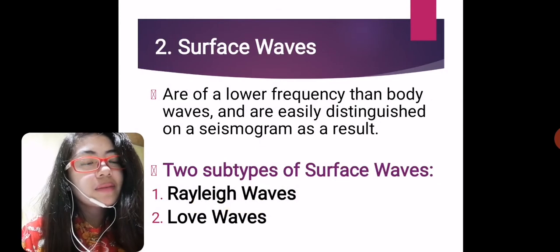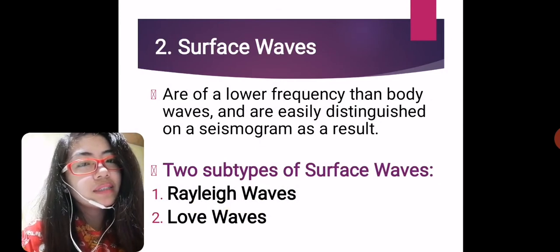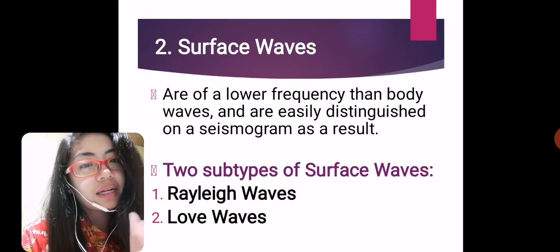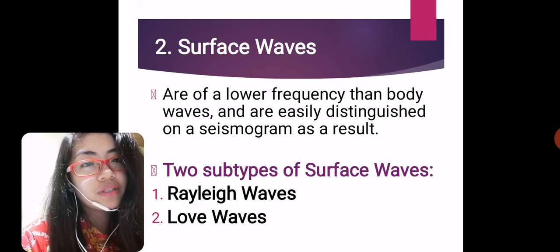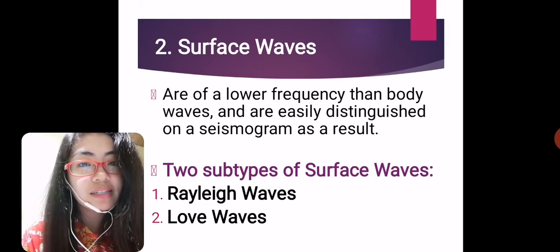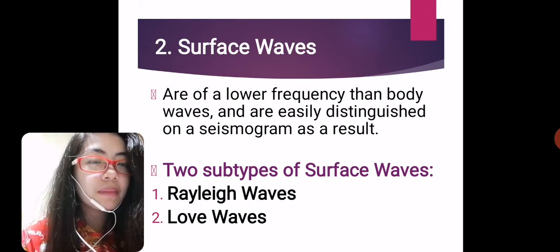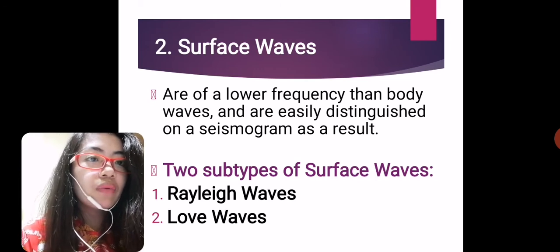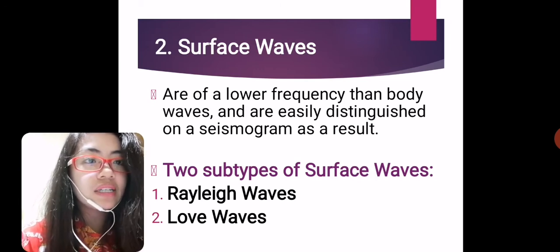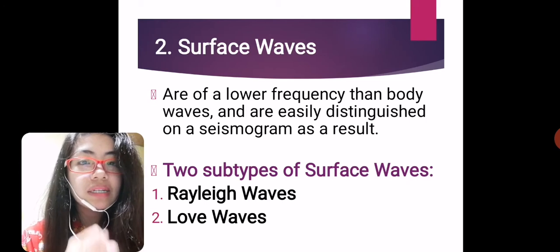Okay, next. So, eto naman yung isang type ng pagka-classify natin kay seismic waves. Yung mga una kong diniscuss is the body waves. So, this pertains to the surface waves. Okay, surface waves naman are of a lower frequency than body waves and are easily distinguished in a seismogram as a result.